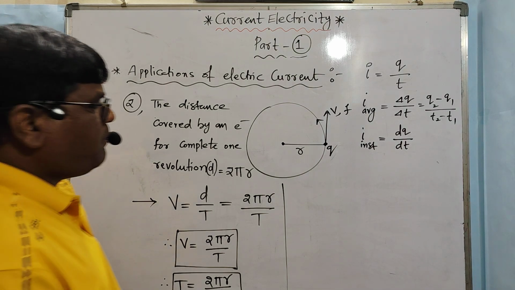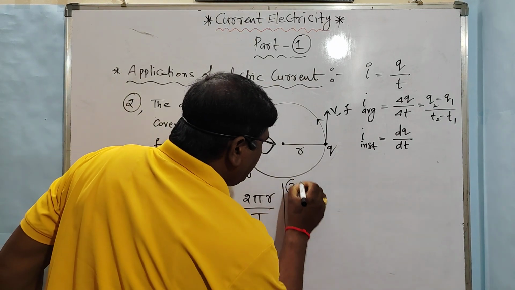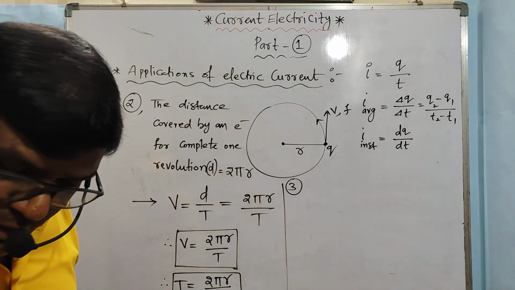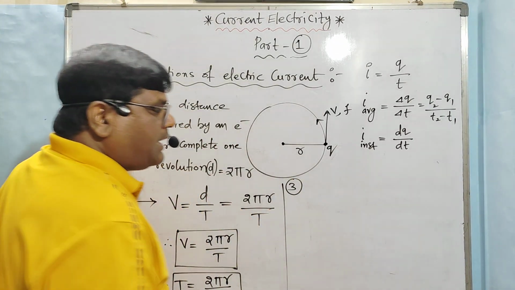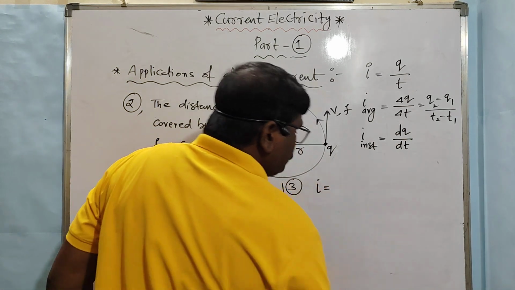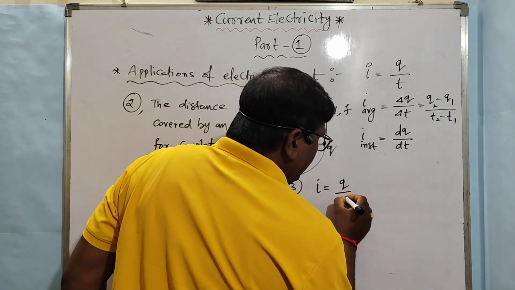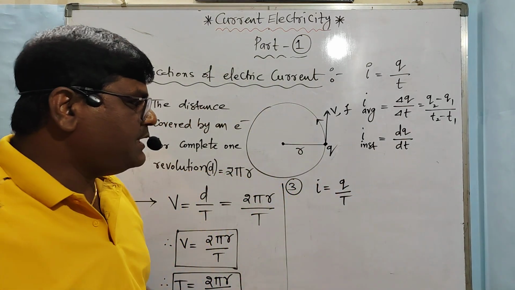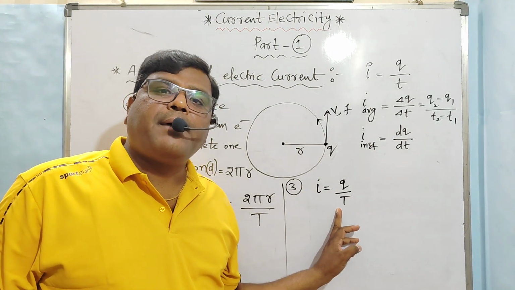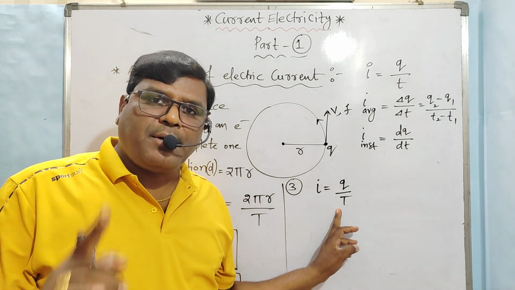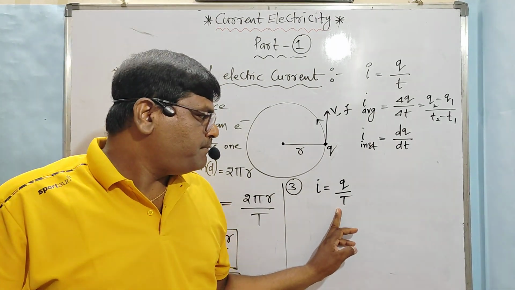Of course, point number 3, the third application. We know the current I is equal to Q by T, where T is the time taken by the charge to complete one revolution.